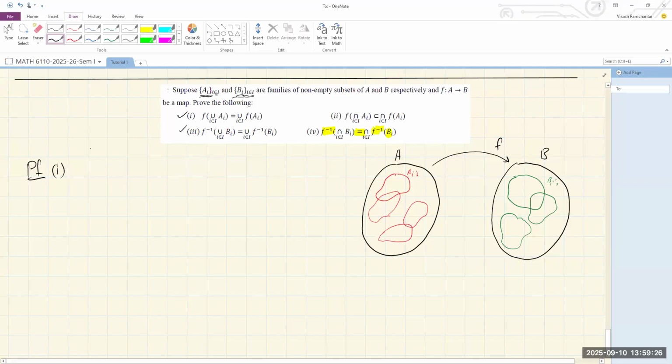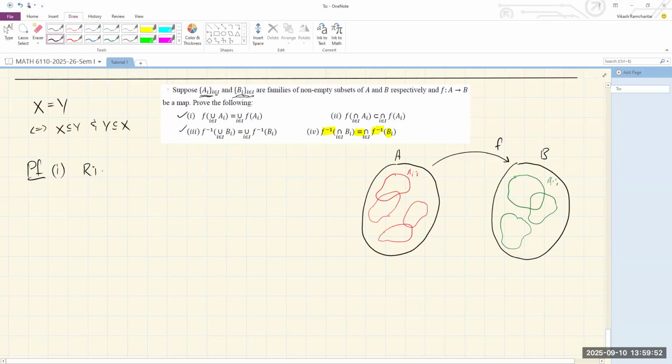So there are a couple of ways you could do this. The most straightforward way to show two sets X and Y are equal is the same thing as saying X is a subset of Y and Y is a subset of X. So that's what I'm going to do.